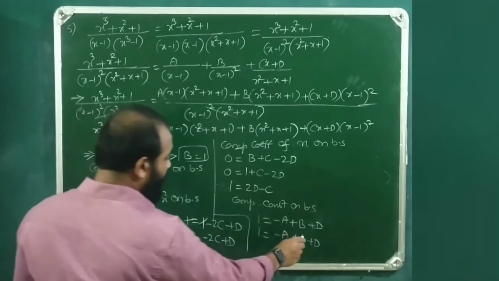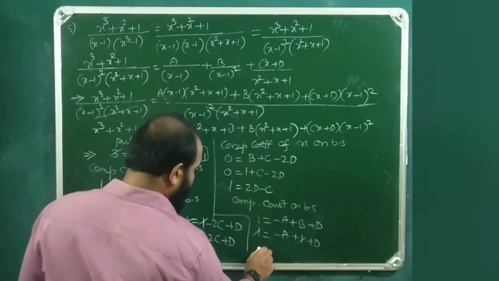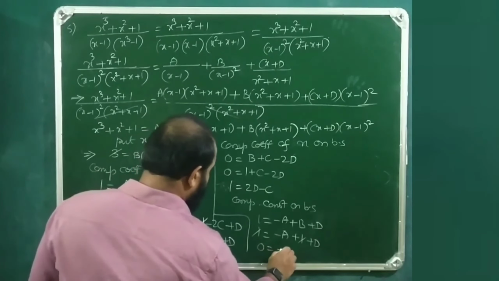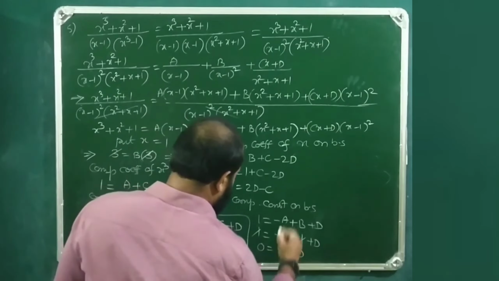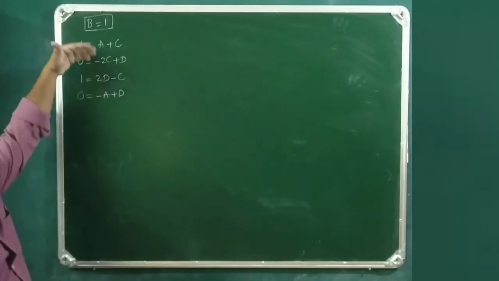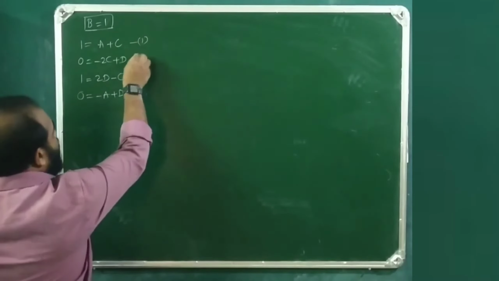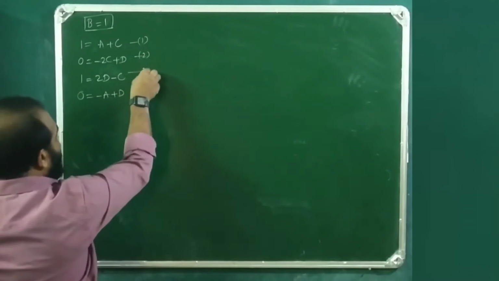So 1 on both the sides gets cancelled. So 0 equals minus a plus d. So these are the total equations we got. So this is 1, 2, 3 and 4.